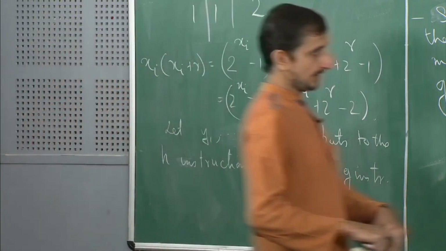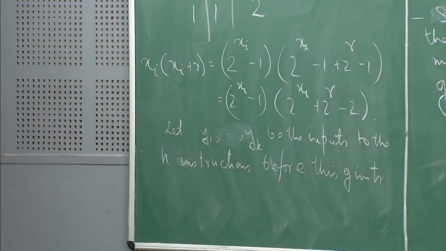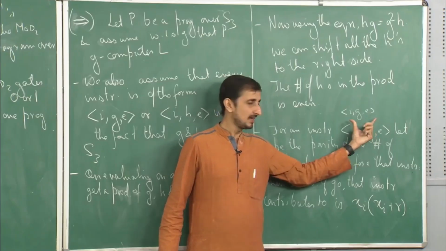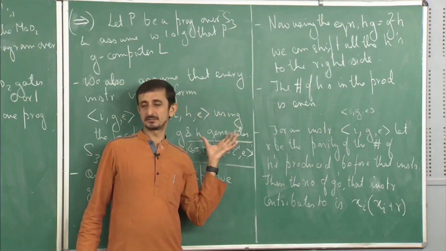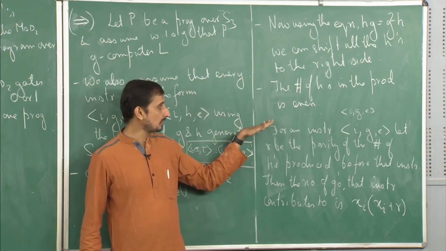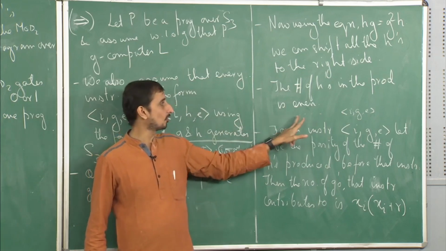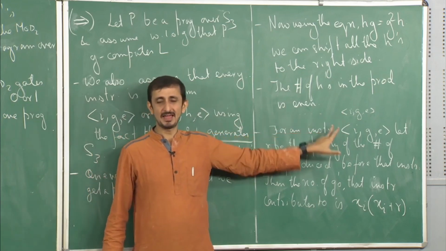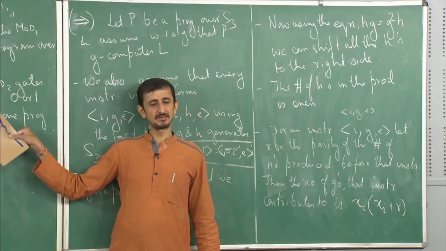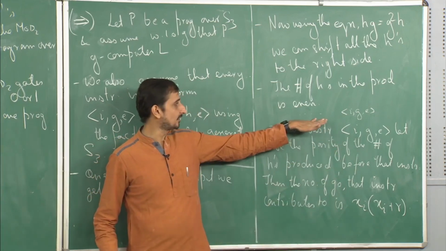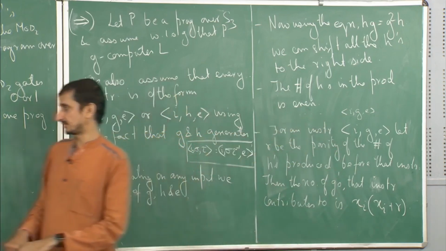Coming back over here, I have this fixed G instruction, and I have some H instructions before this. I look at the variable for all those H instructions, and let y1 to yk be the variables corresponding to those H instructions.